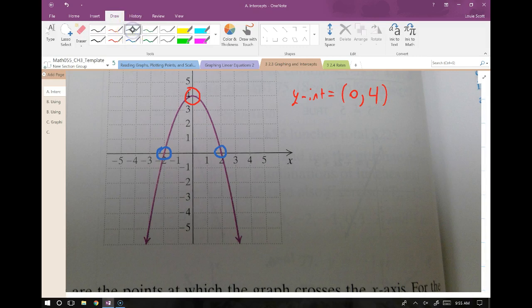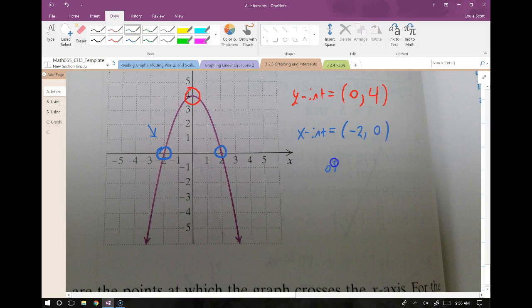So now for the other two, I'm going to say x-ints equals, I'll do the one on this side first. The x-coordinate here is equal to -2, and of course, if we're on the x-axis, the y-coordinate is equal to 0.